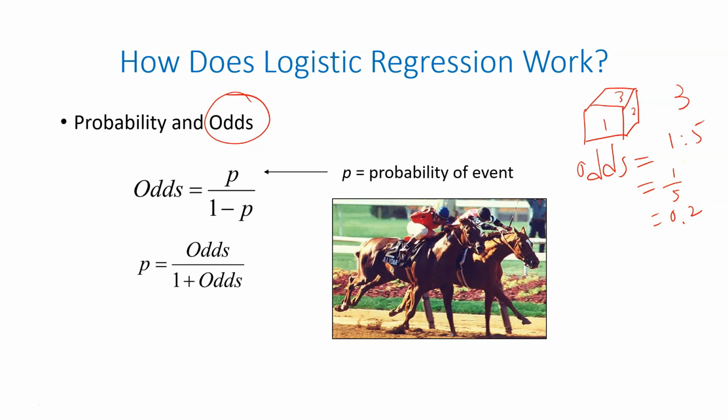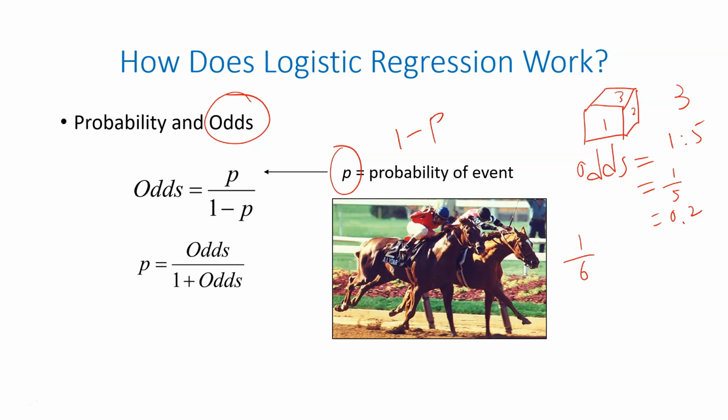Another more popular way of computing odds is using the ratio of the probability of an event happening and the probability of an event not happening. So let's say the probability of event happening is P. Well, then the probability of an event not happening is obviously 1 minus P. For example, the probability of rolling a 3 using a 6-sided die is 1 over 6.